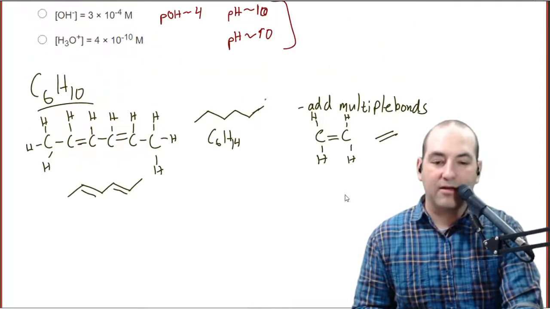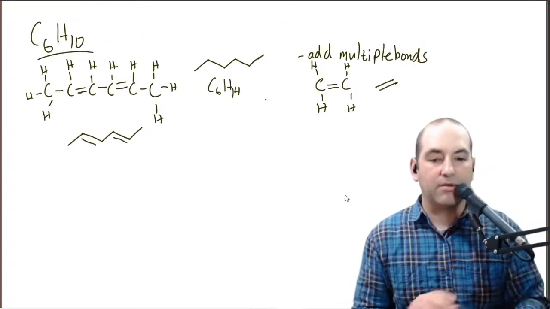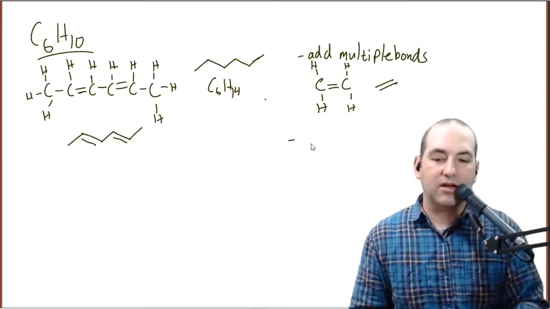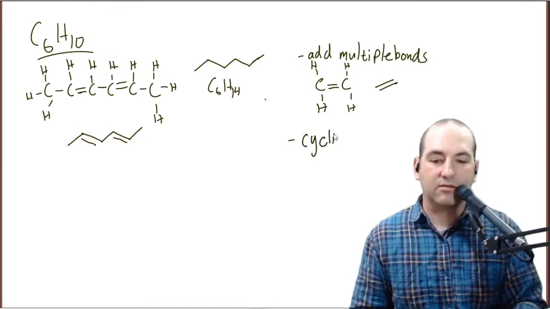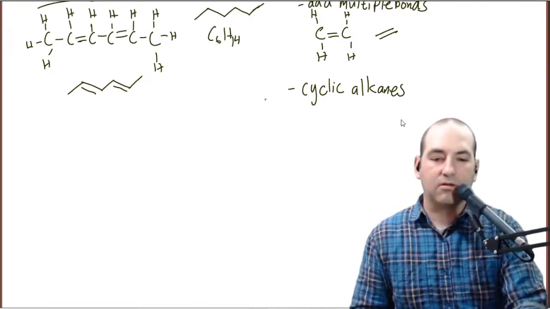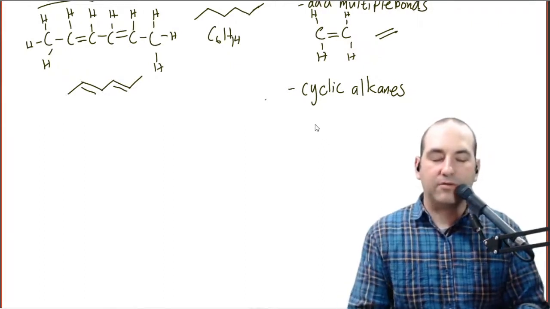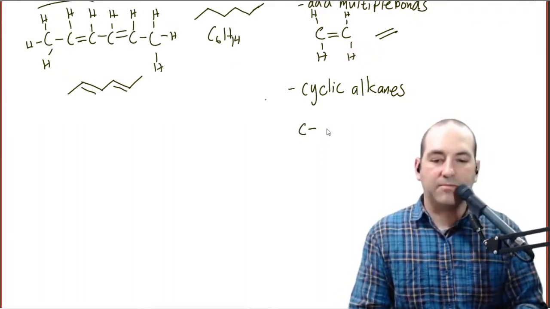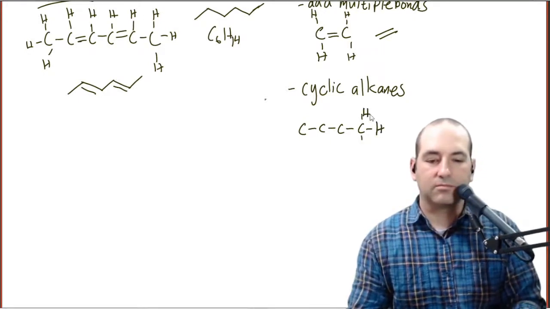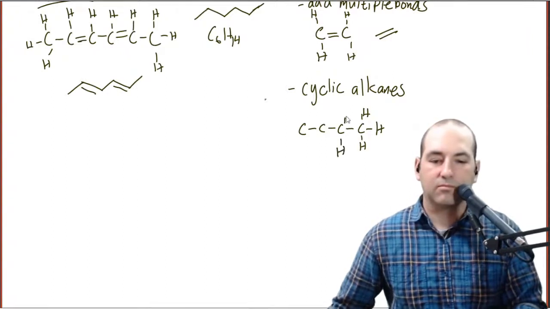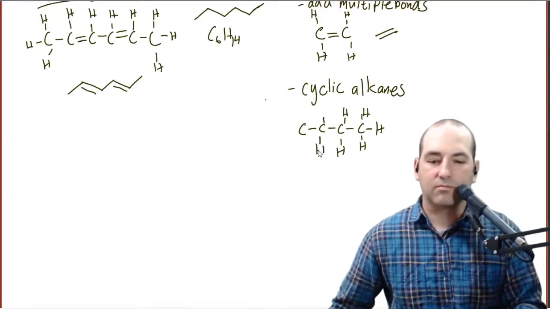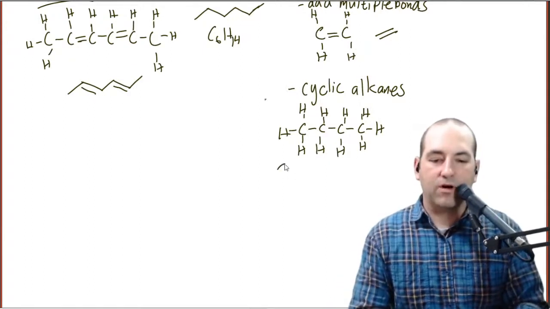And then beyond that, there's actually another way to reduce hydrogens, and that's called cyclic alkanes. So if we have to make them a little bit bigger here, but if we had, let's say, butane, so that is C4H10.